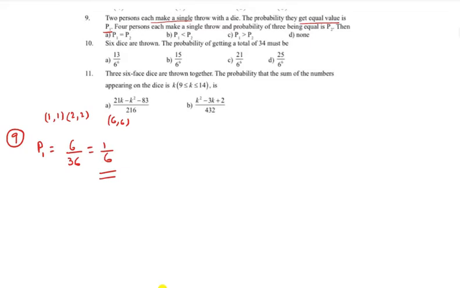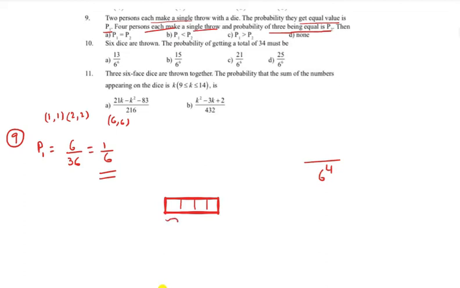But what about P2? 4 persons each make a single throw and the probability of 3 being equal is P2. So 4 persons means total how many possibilities are there? Total we have 6 to the power of 4 possibilities, because every person has 6 options. Now observe, this is for the first person, second person and third person.